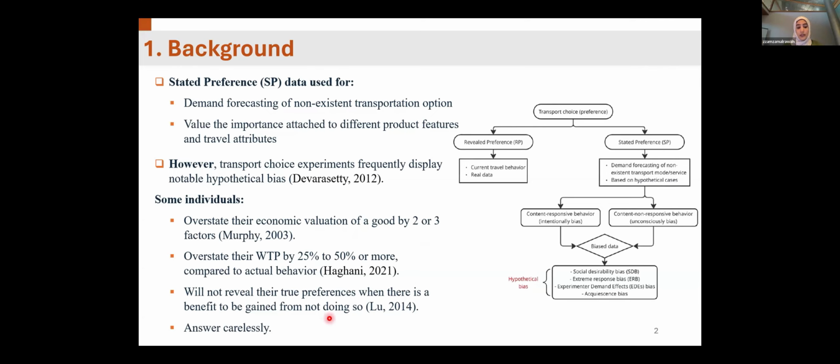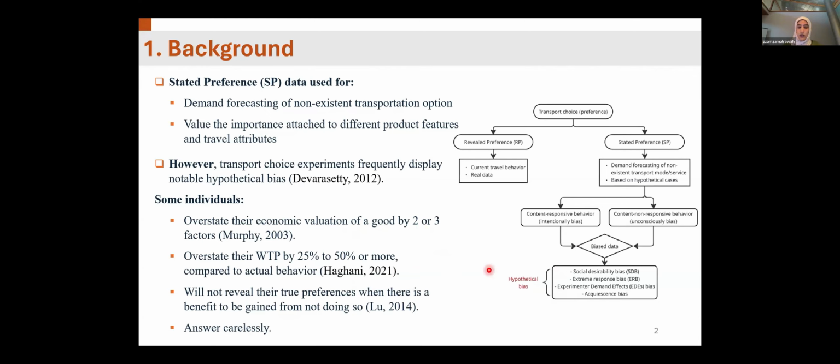And sometimes if there is a benefit to be gained from not doing so, they would not reveal their true preferences. So these three types are all content responsive. Sometimes they will just answer carelessly or without reading the question, so that would be content non-responsive. In any case, those behaviors would create some types of hypothetical biases.